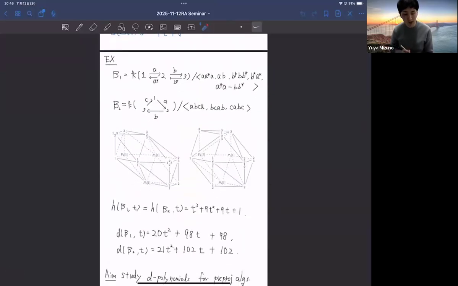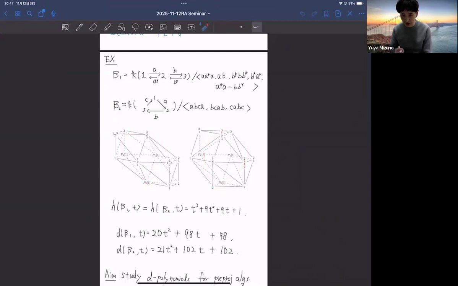Then let me briefly explain why we consider this notion. This is one important class of algebras called Brauer tree algebras. They are both Brauer tree algebras, and if we calculate the shape of the simplicial complex, this one provides this simplicial complex, and in this case, this one provides this simplicial complex.